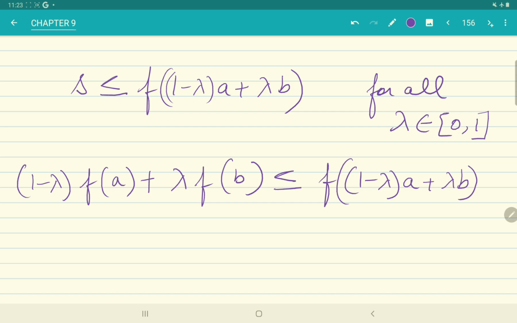All right, so that gives us the general definitions, and in fact that gives us an algebraic formulation of the general definition.